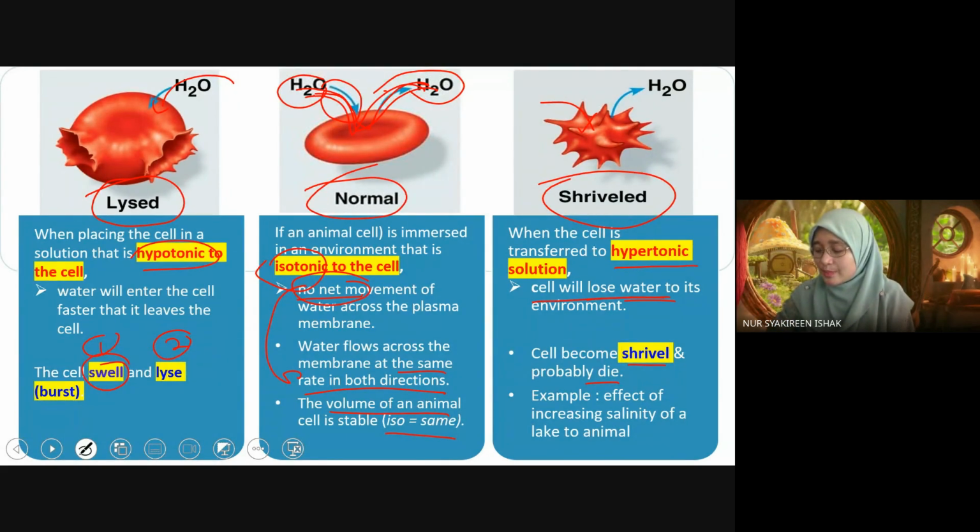Okay, so example of the effects of increasing salinity of a lake to animals. So only certain organisms can live in water that is highly concentrated. So they have to have some mechanism, such as, for example, unicellular eukaryotes that live in really saline solution.